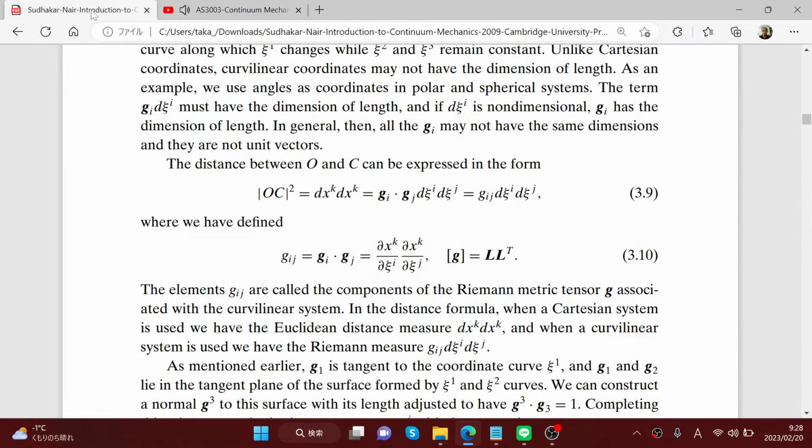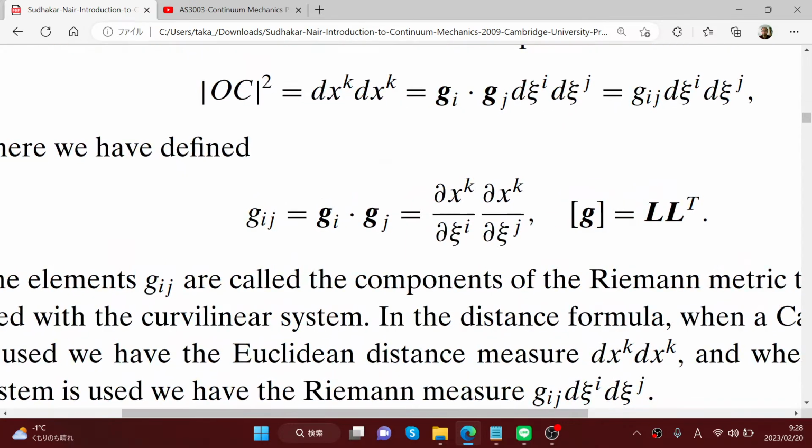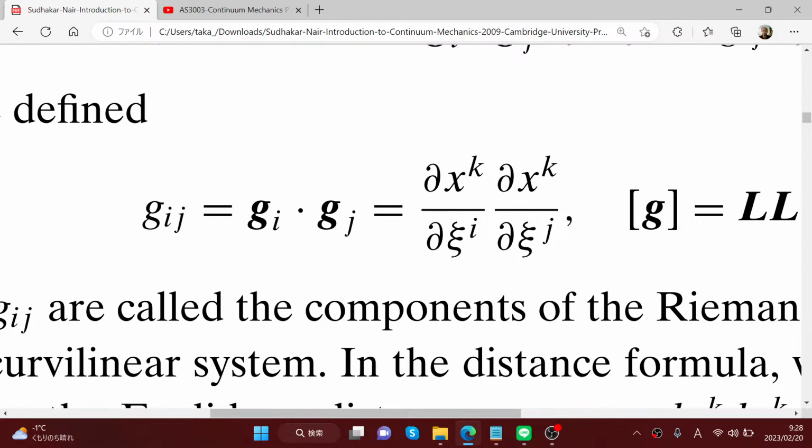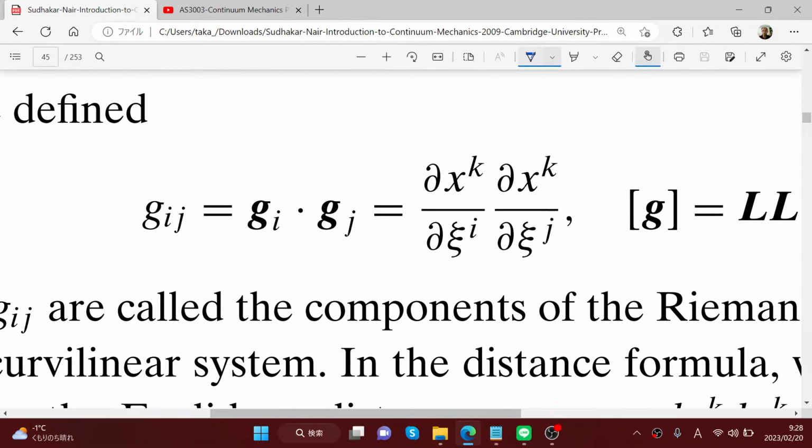Okay, so I think I kind of understand this tensor. Gij is symmetric. Here you can see the definition, so you can swap i and j. Is it clear?